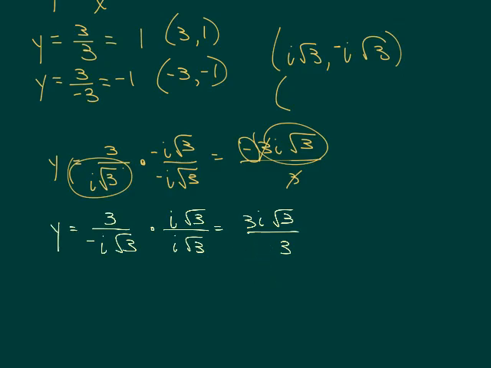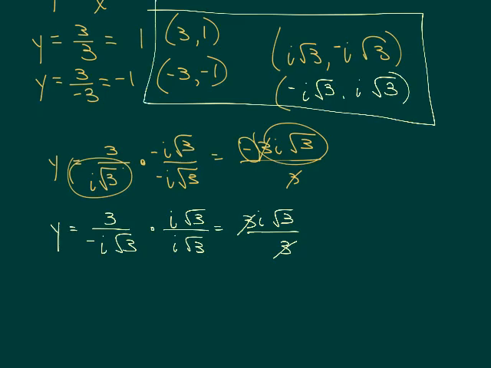Again, I can cancel that and cancel that. And this time I have a positive i square root of 3. So when my x value is negative, I get i square root of 3. So these are my 4 answers, but again, only two of them are graphable.